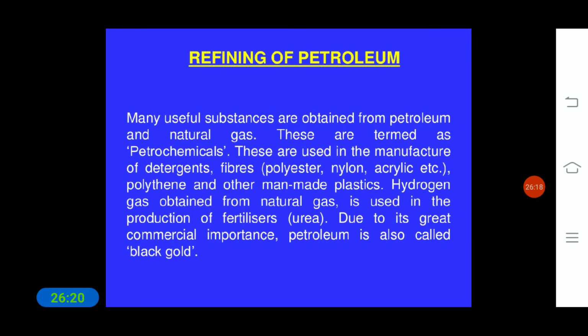So, refining of petroleum, let's continue. Many useful substances are obtained from petroleum and natural gas. These are termed petrochemicals.